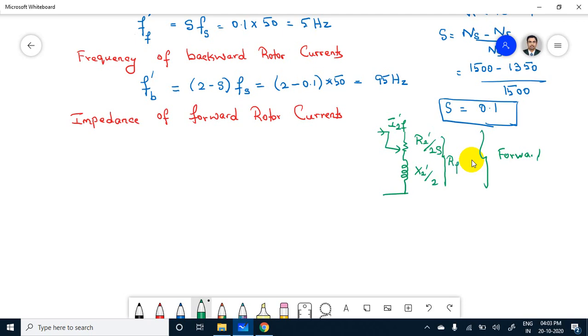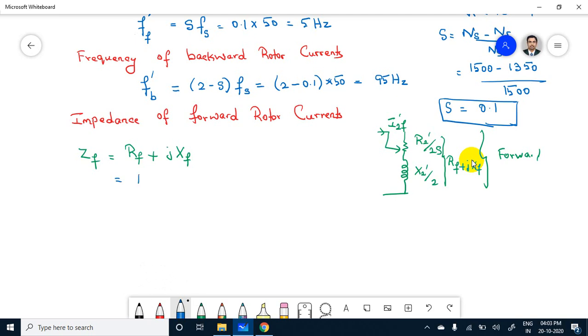Rf plus j xf. Okay, f stands for forward. So the notation for impedance Zf, we know the impedance formula, summation of resistance and reactance. So Rf plus jxf, which is equal to, what is Rf?